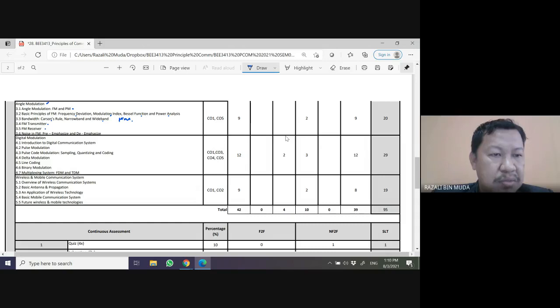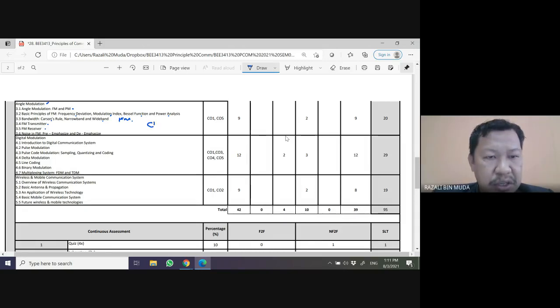So we will discuss the components in the FM transmitter and also the components of the FM receiver. The last part of this chapter is the noise analysis of the frequency modulation signal, either using pre-emphasis or de-emphasis.